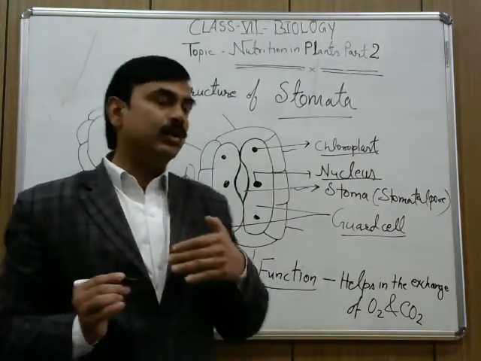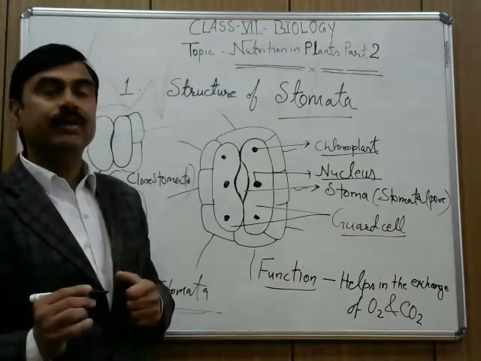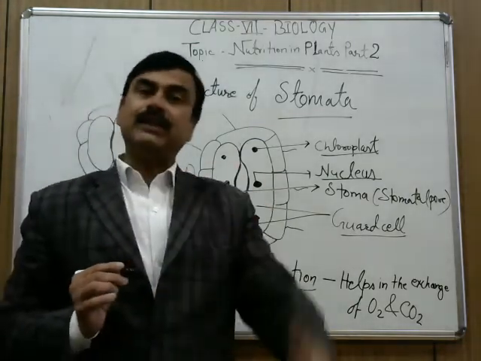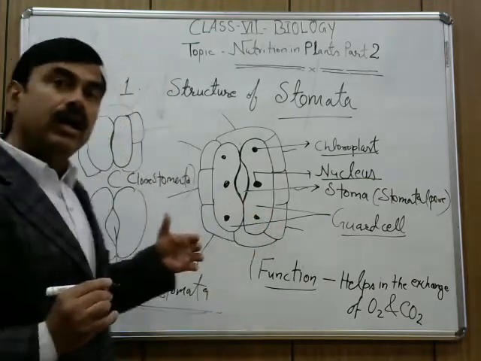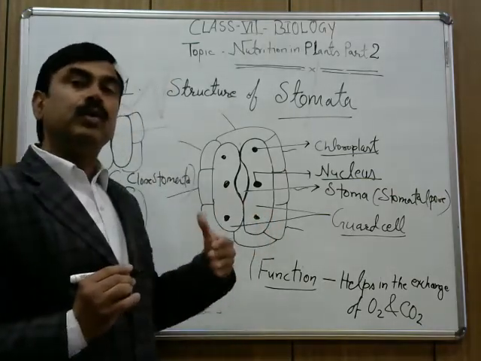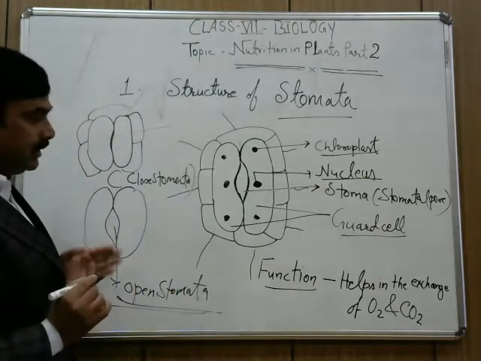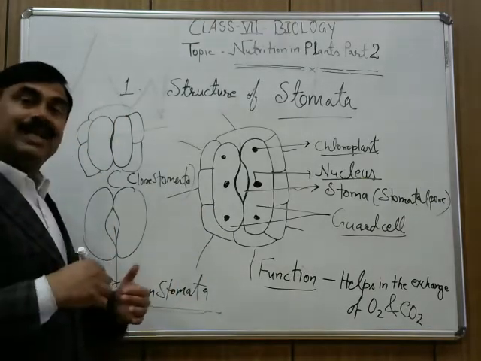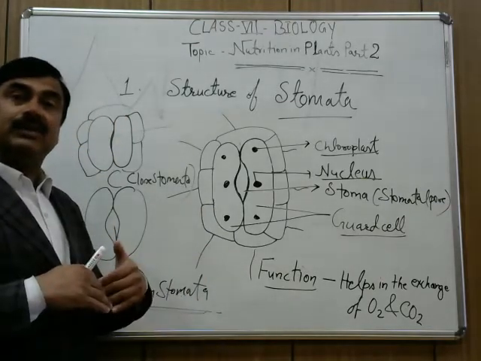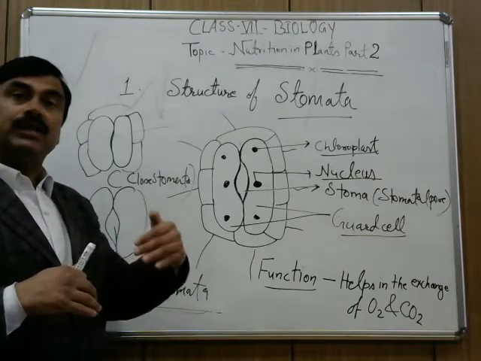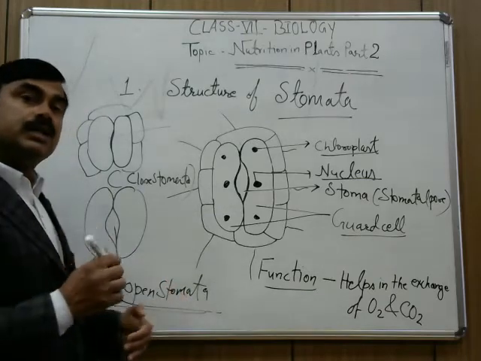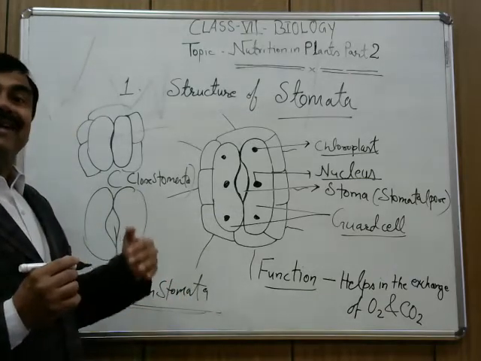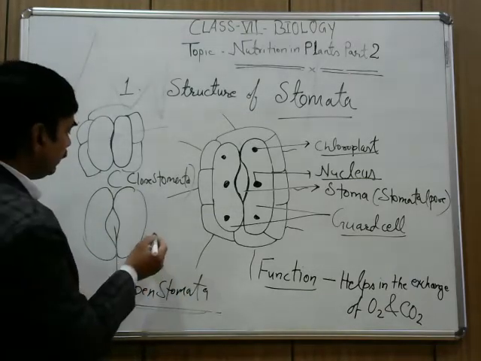As I told you, during daytime, when photosynthesis takes place, the stomatal pore will be open. Look at this. Which gas is taken in the photosynthesis? You have already noticed in the first lecture that in the photosynthesis process, CO2 is taken in.